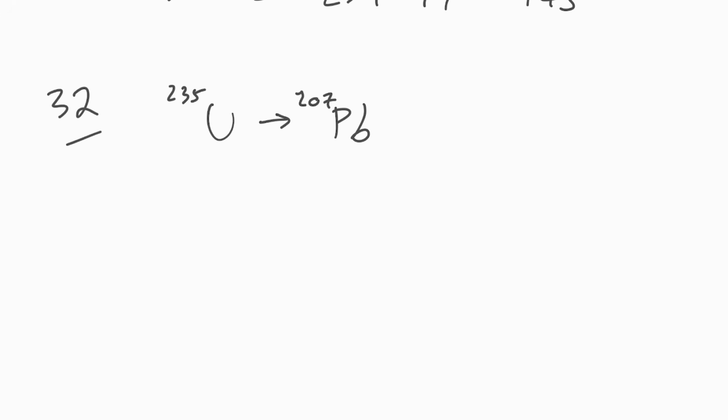The half-life of uranium-235 is 0.71 billion years. There we go, BY for short. The half-lives of the nuclides in the intermediate steps are negligible. The sample of rock now contains 1 atom of lead-207 for every 4 atoms of uranium-235.